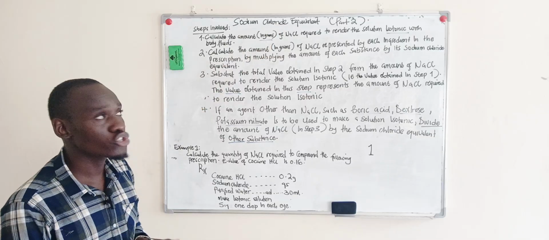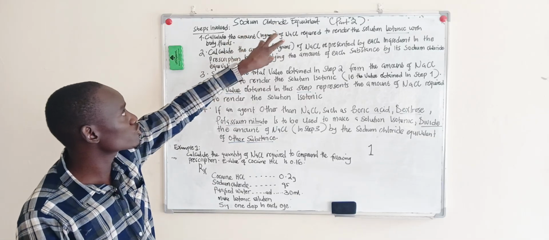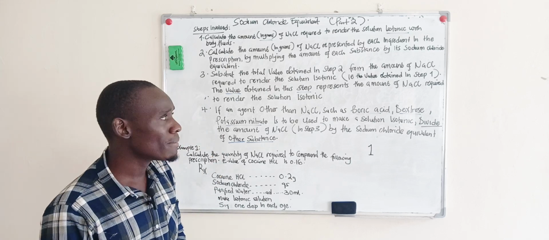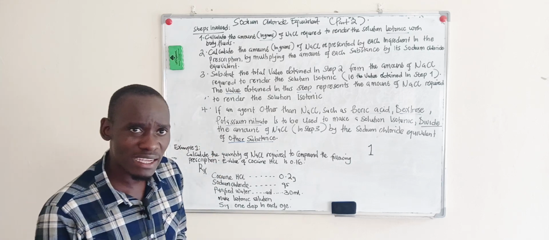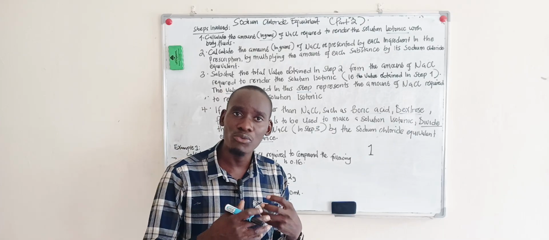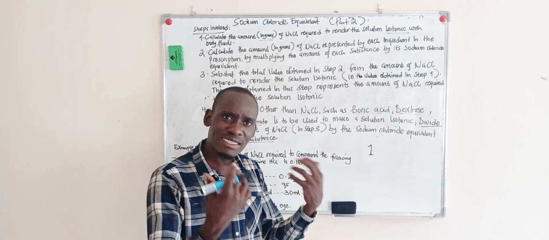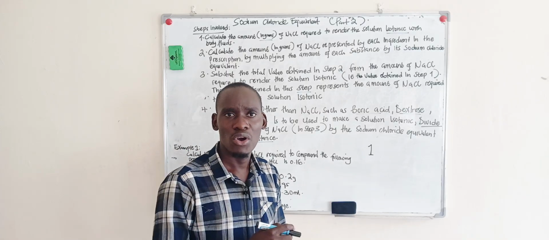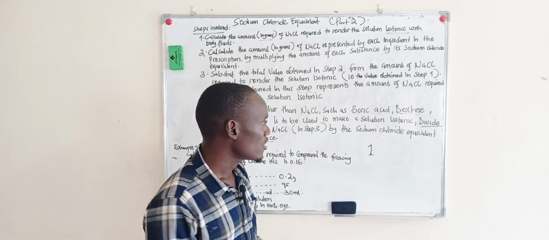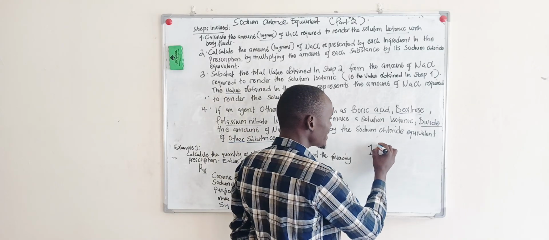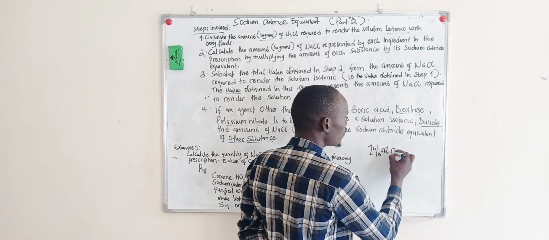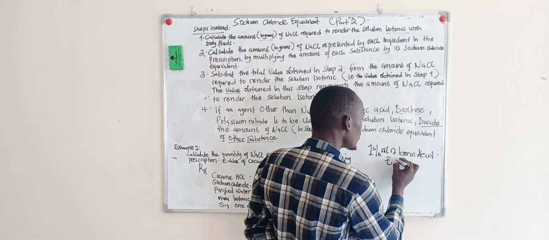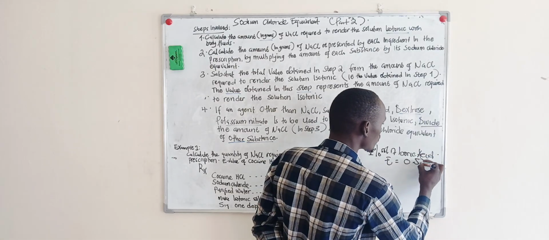So let us pay keen attention as I take you through the steps involved in adjusting solution to isotonicity using sodium chloride equivalent. But before we look at the steps, remember, we say that sodium chloride equivalent is the amount of sodium chloride in grams that has the same osmotic pressure as that of 1 gram of a drug. For example, 1% solution of boric acid has got a sodium chloride equivalent of 0.52.